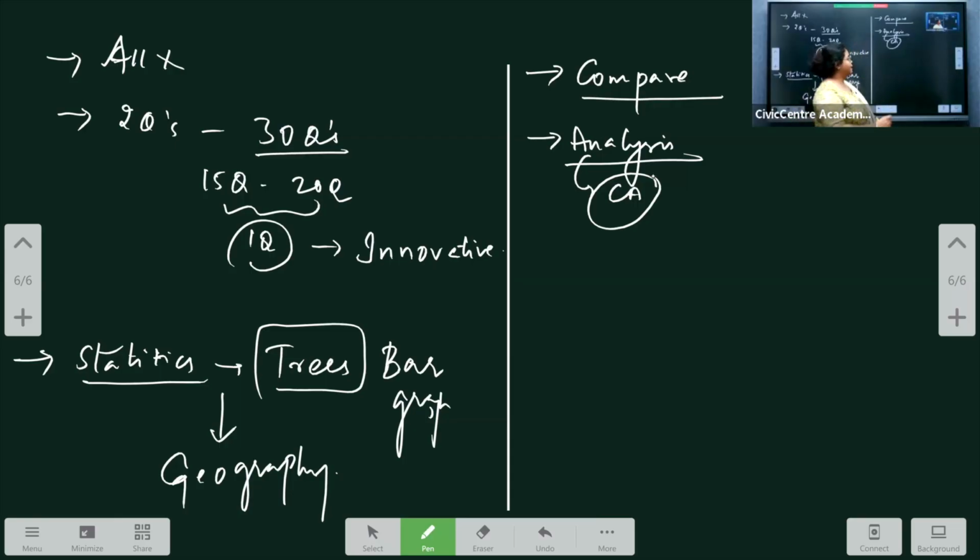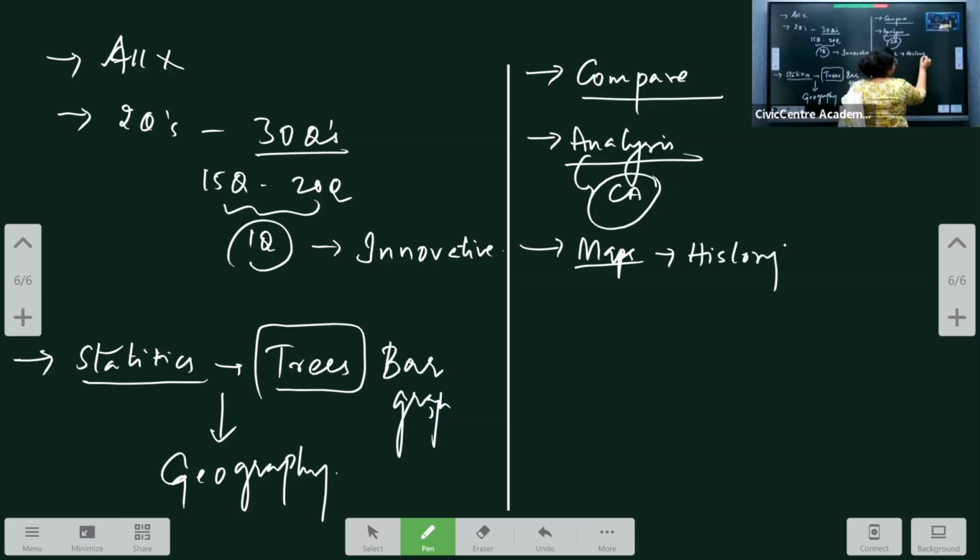You are asking maps in polity or in history. You have marked 4 places and said A, B, C, D are 4 places. They belong to which kingdom, say, Mauryas?